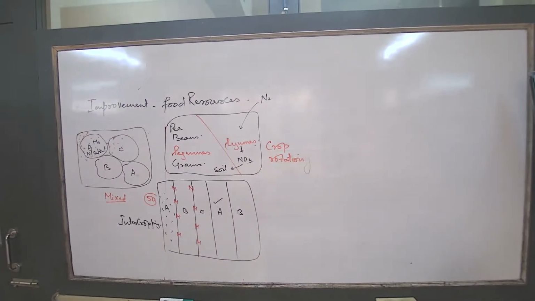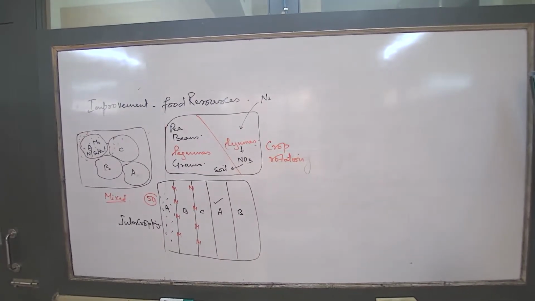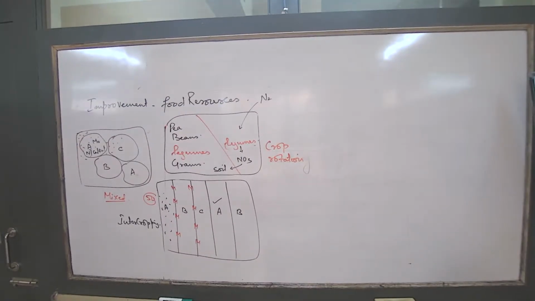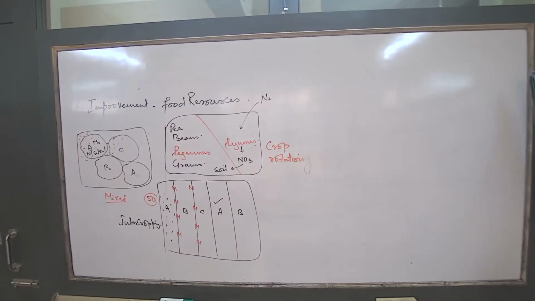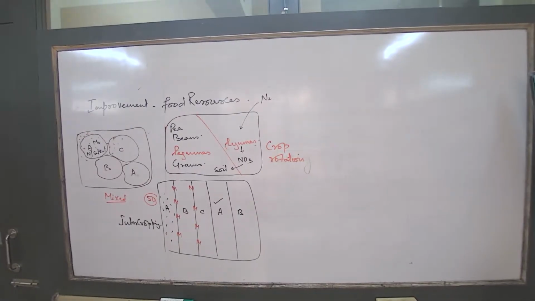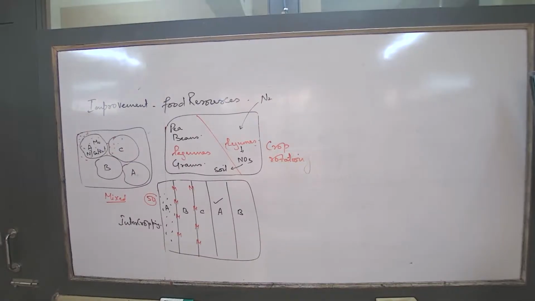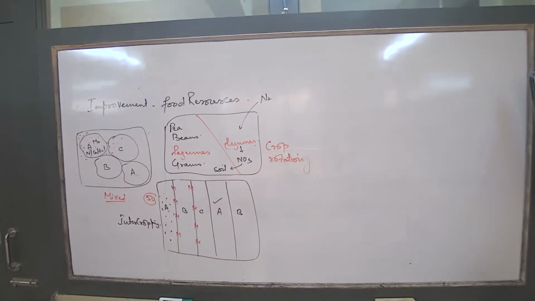Then what will happen if it is moist? Fungal growth will immediately happen. Fungal growth will happen so fast that in a short period of time, all these grains and the pulses and rice will be eaten up. They will all become papery or granular in structure.